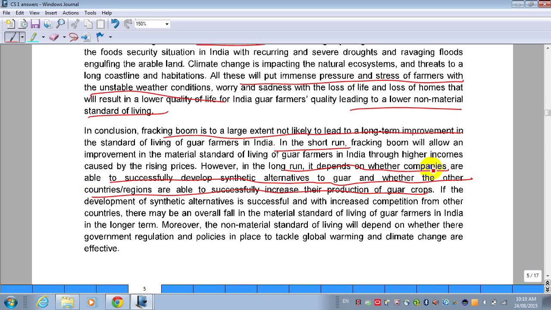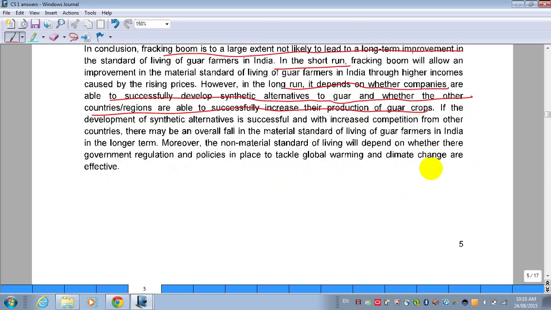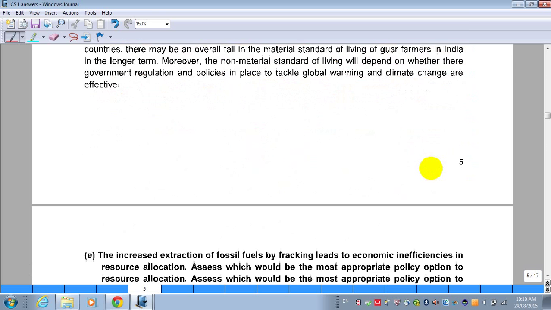It really depends on whether those countries are able to find the right technology to produce alternatives to guava, right? So I don't want to go on. You can read the rest of the answers yourself.